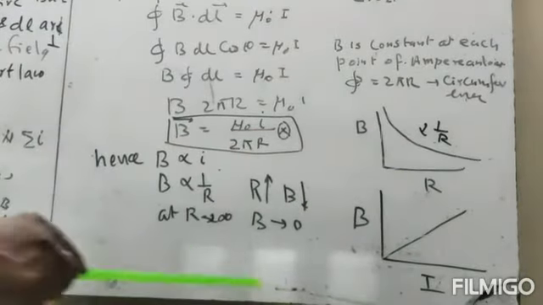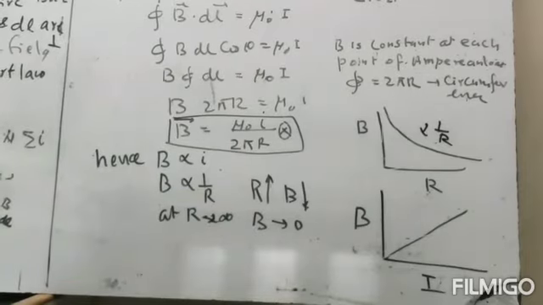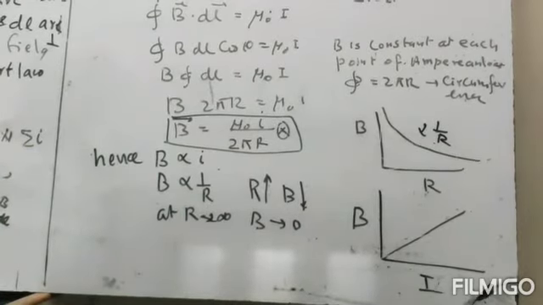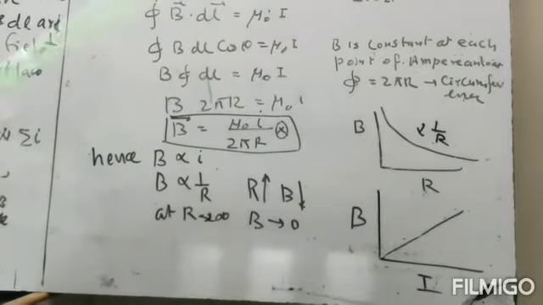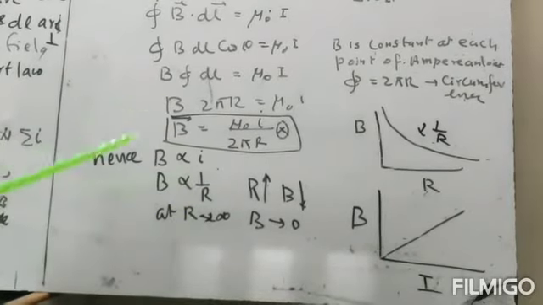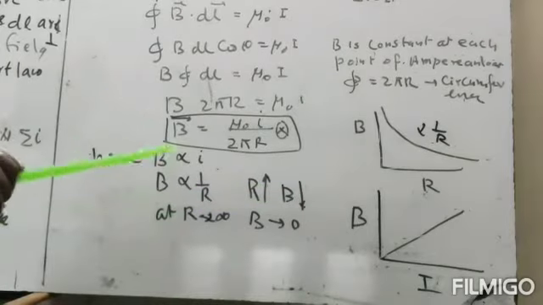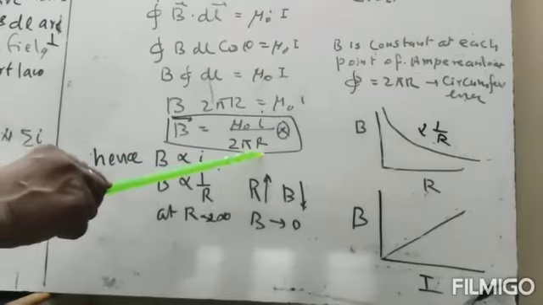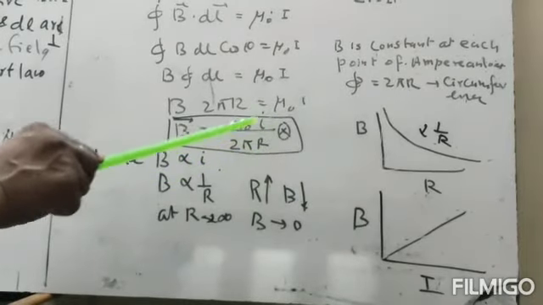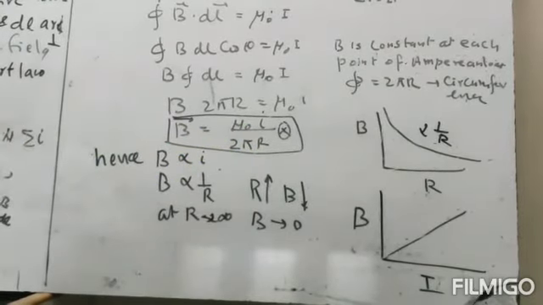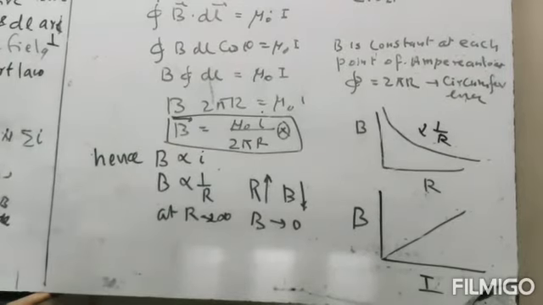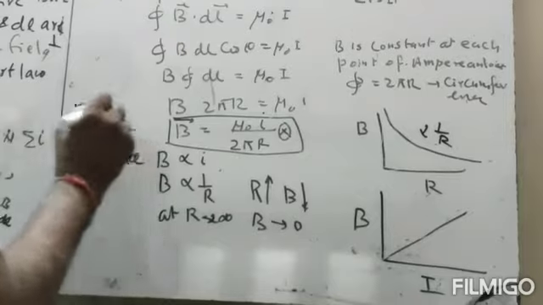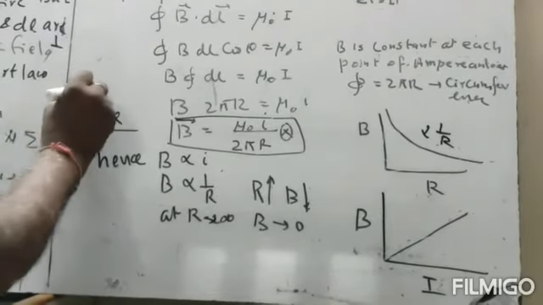So in this way we have found the magnetic field of an infinitely long conductor carrying current I at a distance R, and that magnetic field is B equal to mu0 divided by 2 pi R into I. This is for free space, or vacuum.